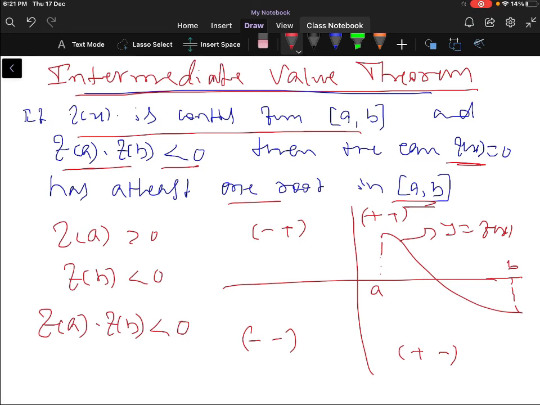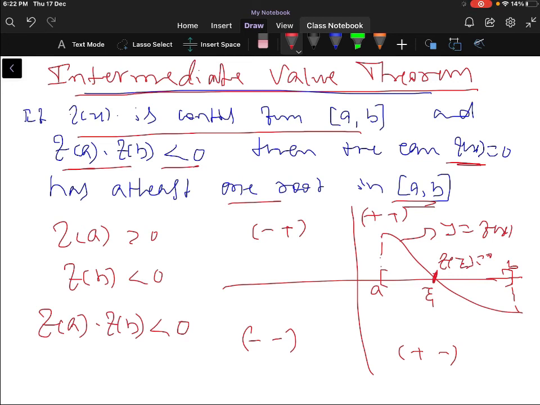Therefore, the equation f of x is equal to 0 has at least one root in the interval a comma b. At this point xi, f of xi is equal to 0. So xi is the root of this equation f of x is equal to 0.